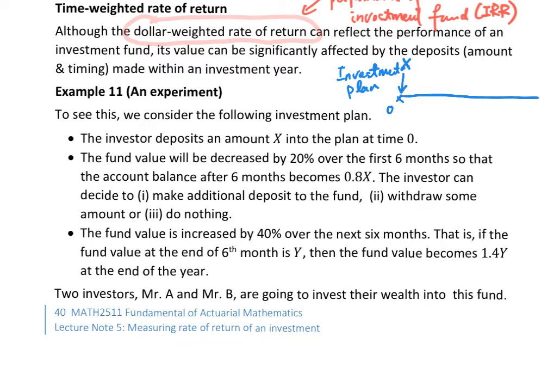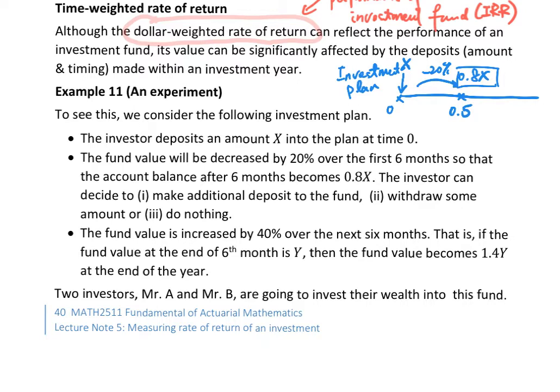And then you are given that for the first 6 months, this fund value will decrease by 20%. So that means if you invest s at time 0, then at time 0.5 you will only get 0.8s, so the value has dropped by 20%. And then after these 6 months, the investor can decide to make an additional action.